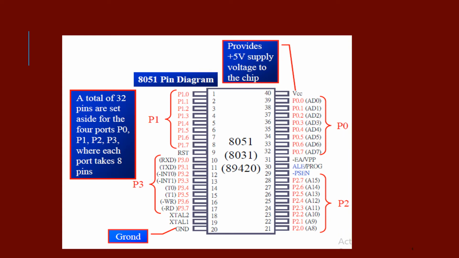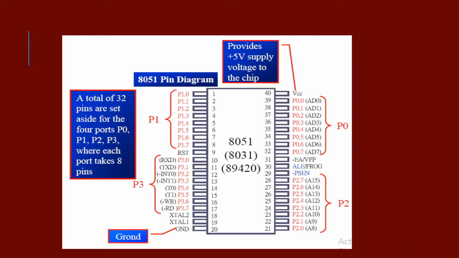In the same fashion, for port 0 you can see pin number 32 to 39, P0.7 to P0.0. Those pins are multiplexed as address and data: lower bits A0 to A7 of address, as well as lower bits of data, D0 to D7.